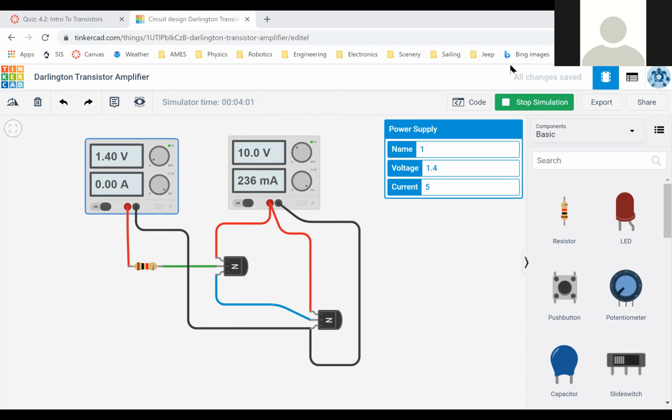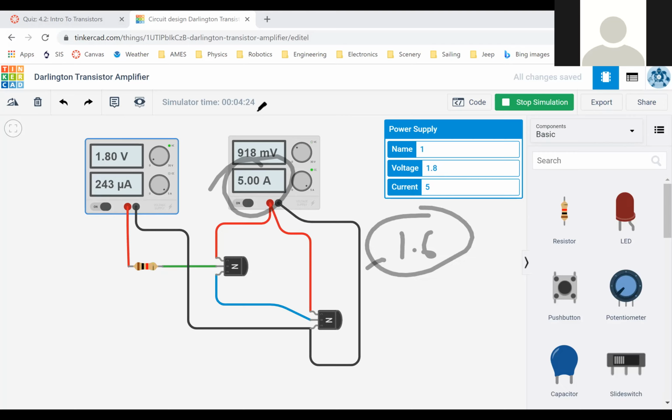So what I have to do is go to 1.6. Now I get something interesting happening. If I go up just one step more, you can see I've already maxed out my power supply over here. It can't do more than 5 amps. So I'm already maxed out. So there is only one voltage where I can get any kind of reading, 1.6.